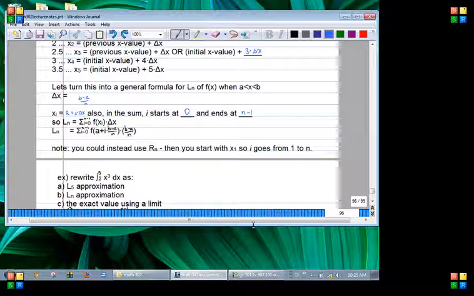And what else do we need? We're also going to need a. So what's a? A is 2. Remember, we're using our convention. The boundaries of integration are a and b. Okay. So if you stick that all in, what do you get?